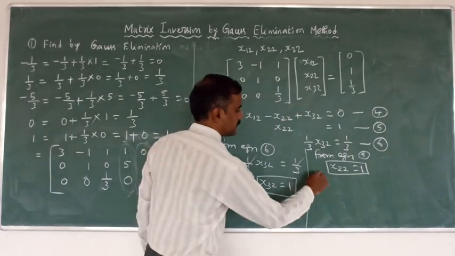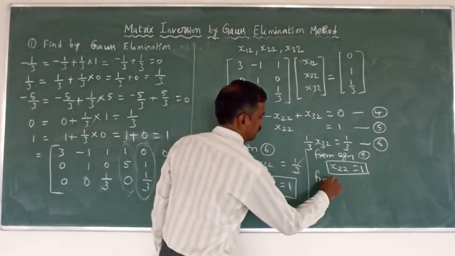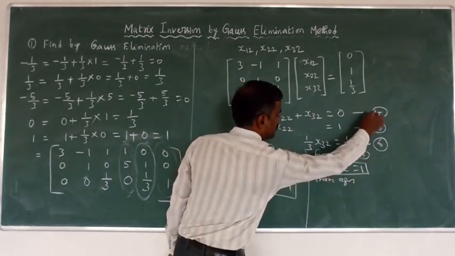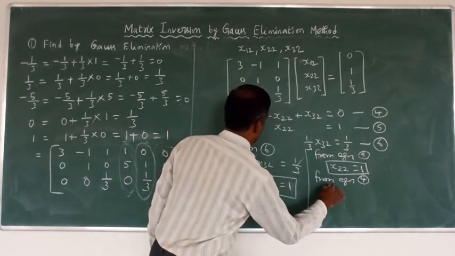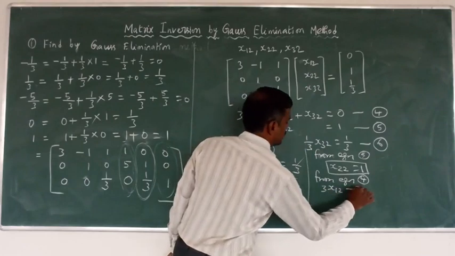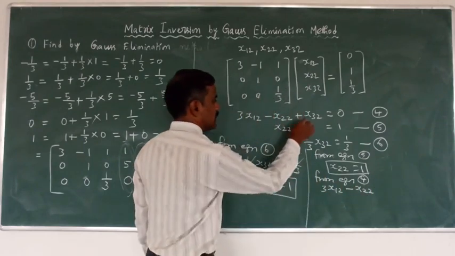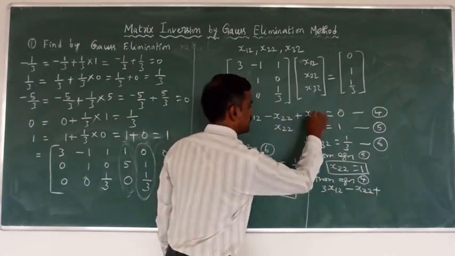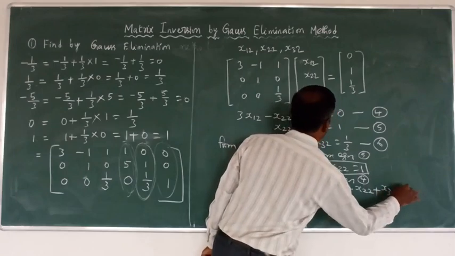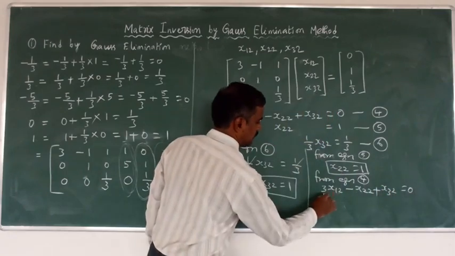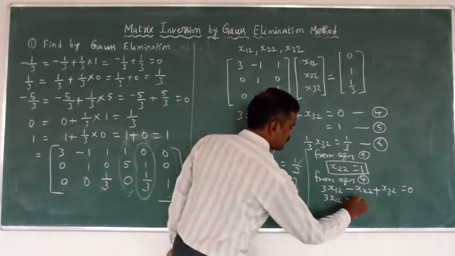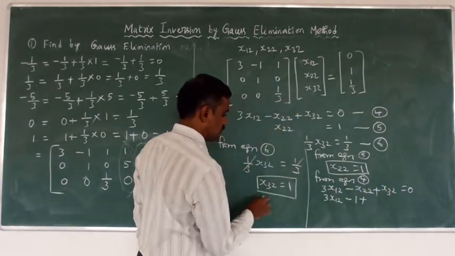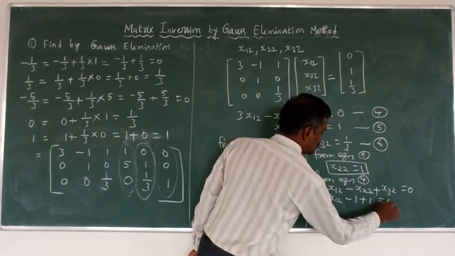Next, from equation 4, 3 x12 minus x22 plus x32 equal to 0. 3 x12 minus x22 value 1 plus x32 value 1 equal to 0.